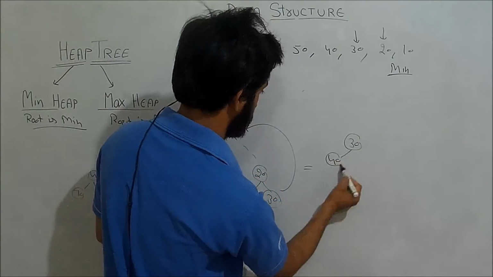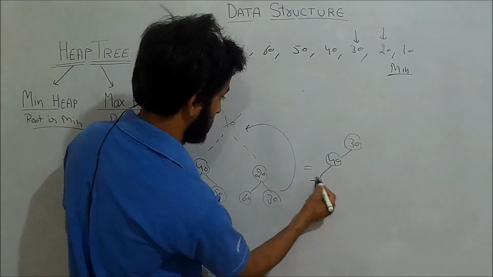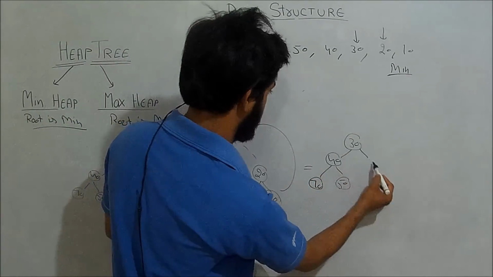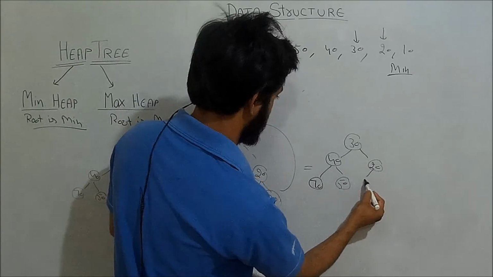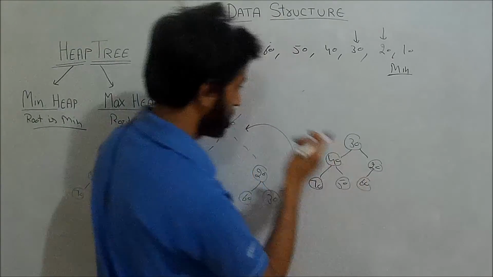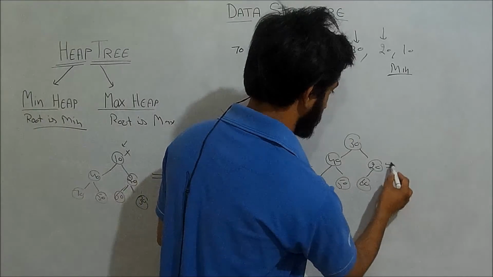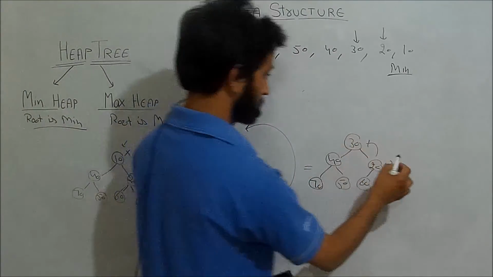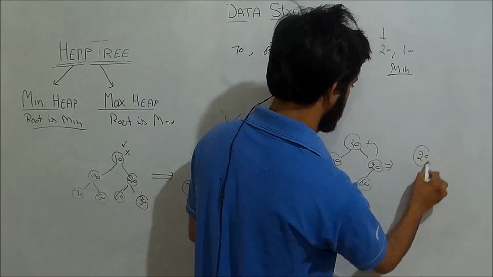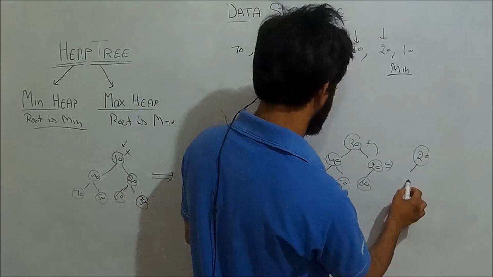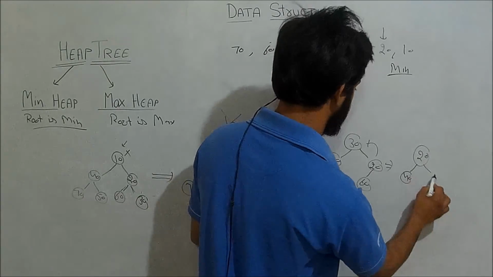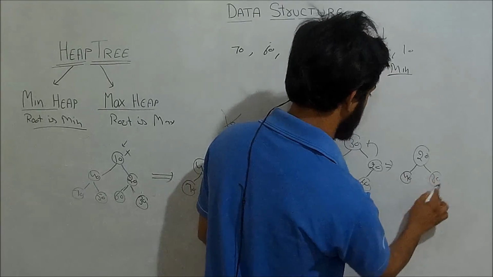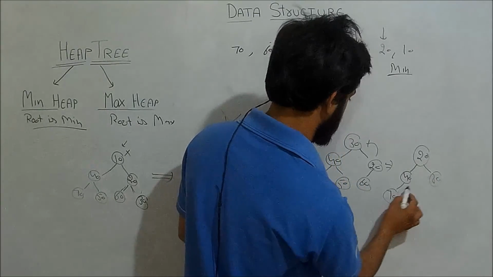The resultant will be 30, 40, 70, 50, 20 and 60. So when I am getting this tree, I have to perform one interchange here, because 20 goes to the upper side. 20 will go to the root, and the resultant tree after deleting 10 will be this.